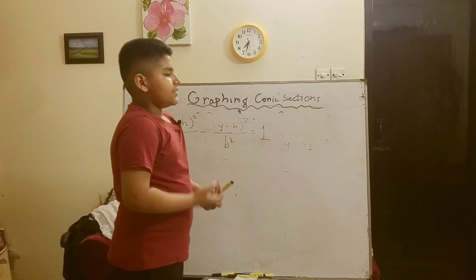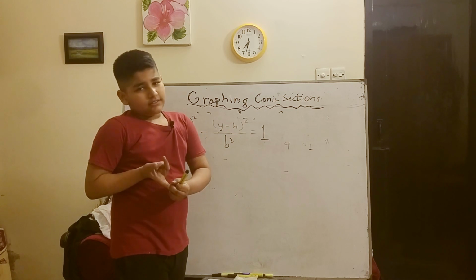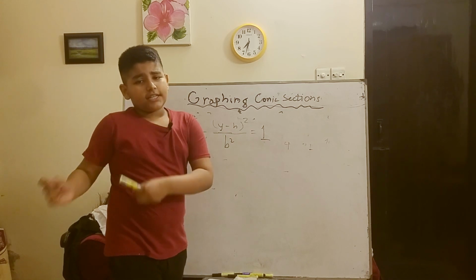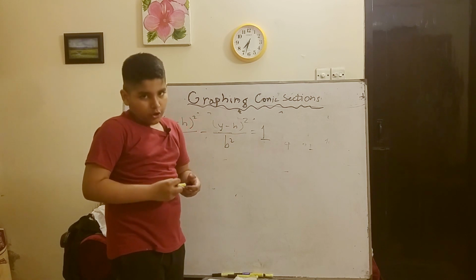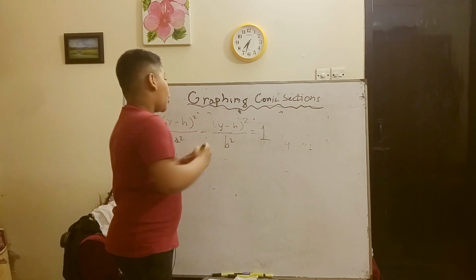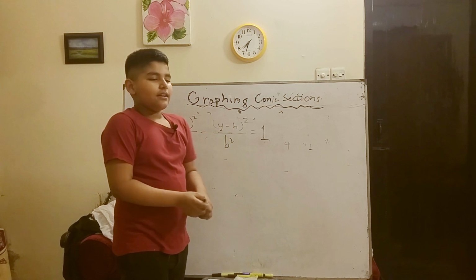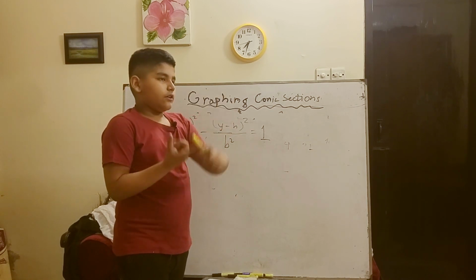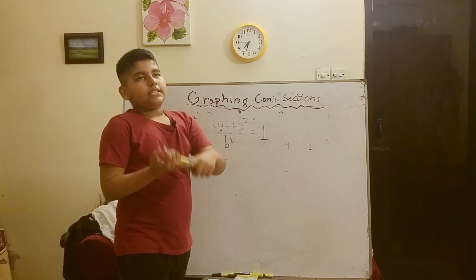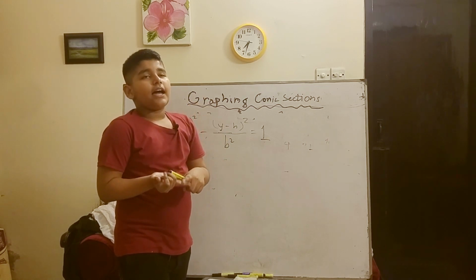We've learned about graphing conic sections, and conic sections are types of shapes that come from a cone, which is why they're called conic sections. So these are the circle, the ellipse, the parabola, and the hyperbola.